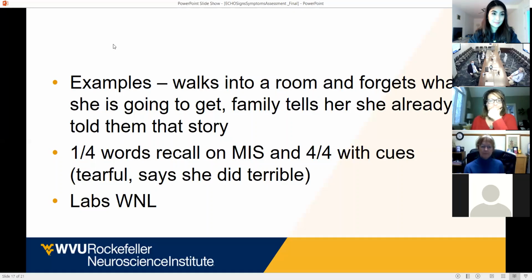Now, she also says that her family tells her that she tells them stories that she's already told them. Boom. That's a little bit of a flag. In this case, I did this new memory impairment screen, and they're right in the middle between whether they really have a problem or not. So it's right in that range.